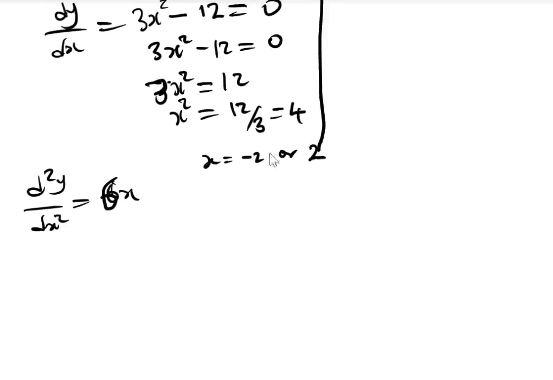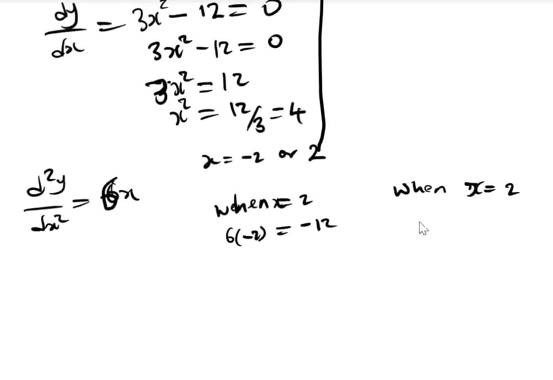So if I substitute when x is equal to minus 2, then I have 6 into minus 2 is equal to minus 12. But when x is equal to plus 2, then I have 6 into 2 will give me 12.